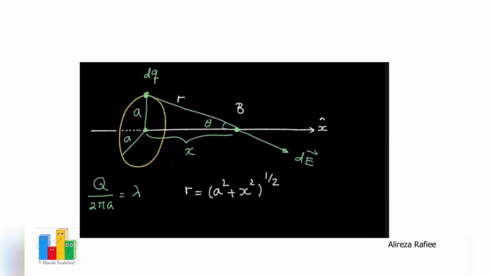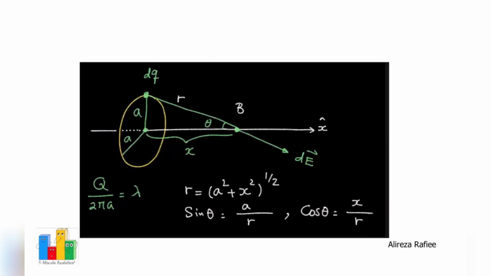We can also know that sine theta would be the opposite, a, divided by r, and cosine theta would be x divided by r. We will be using these two quantities later.